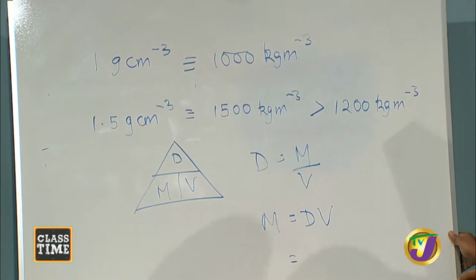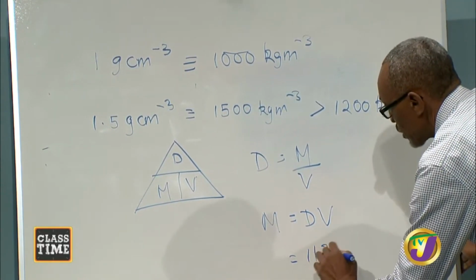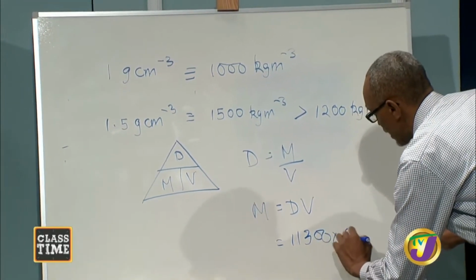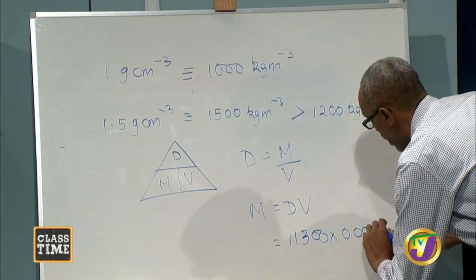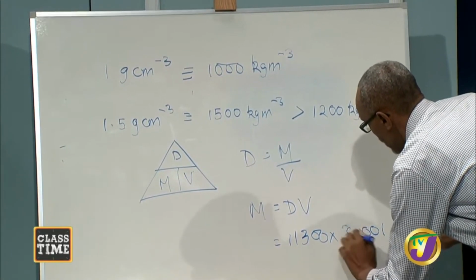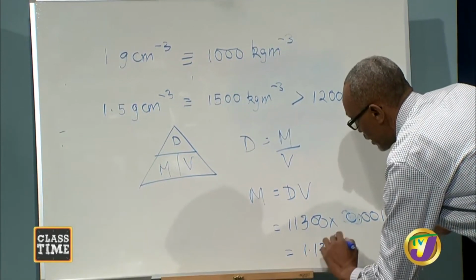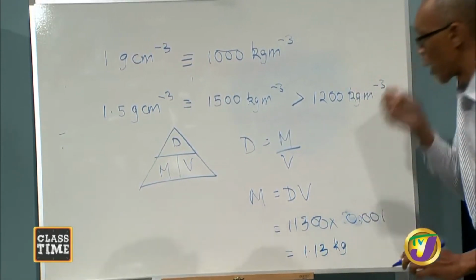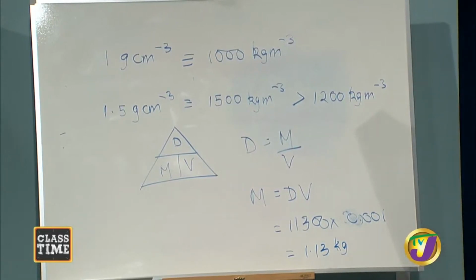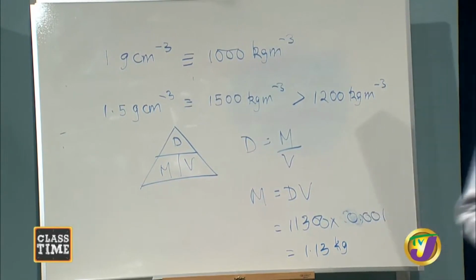We know the density is 11,300, and we will multiply that by 0.001. And that will give us 1.13 kilograms. All right? We ran through that a little bit, but thank you.